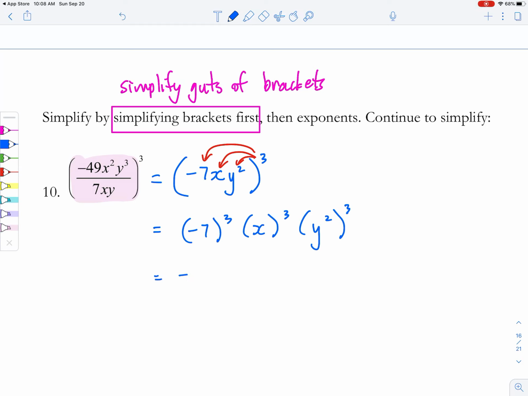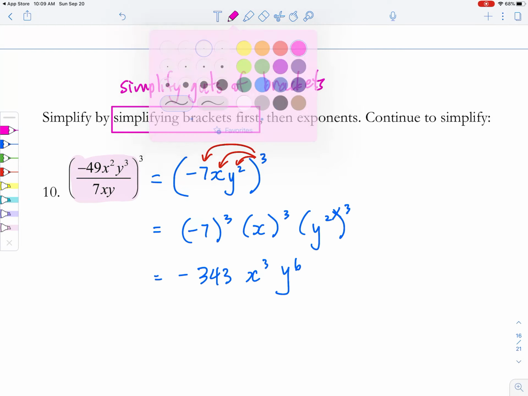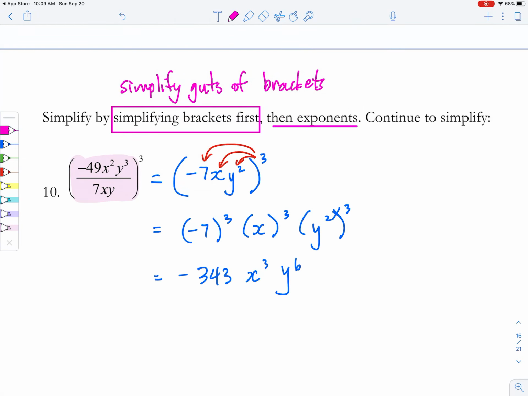So that's minus 343 x cubed. y squared to the 3 is a power of powers, so we multiply those exponents, so that would be y to the 6th. And that would be our final answer. So we did the guts, and then for the exponents, we distribute those exponents.